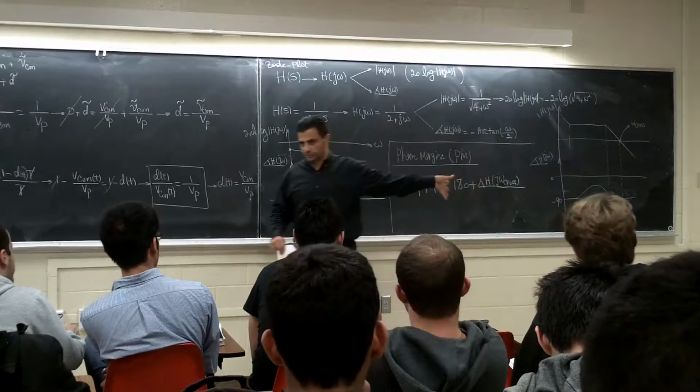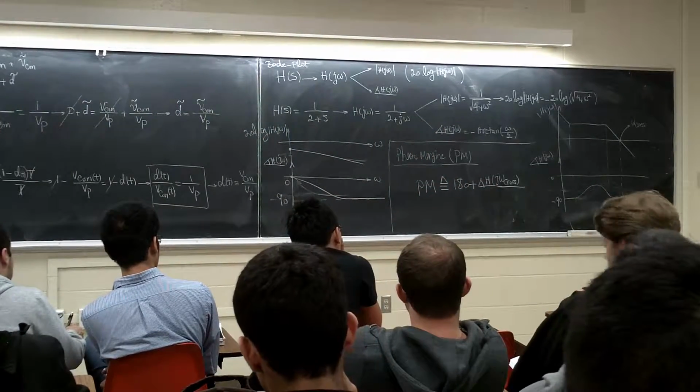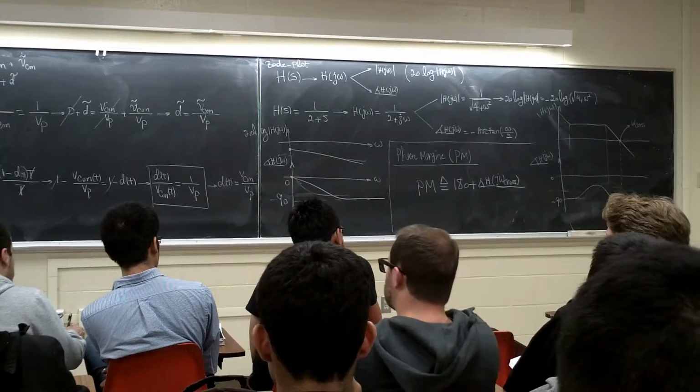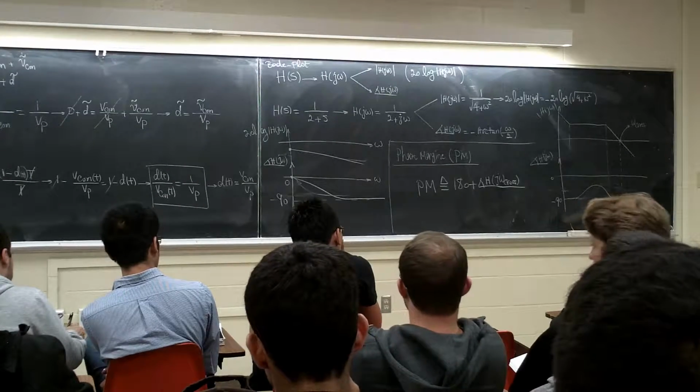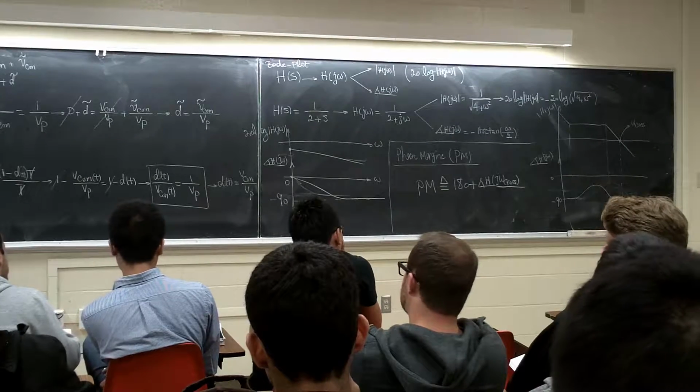This is the phase margin, right? We'll find out when the absolute value of H of omega is 0. At that frequency, we'll find the phase. 180 minus that is going to be the phase margin.